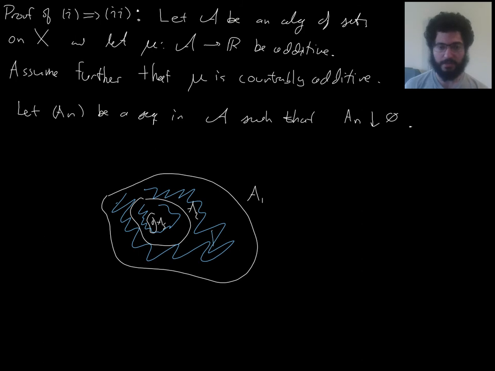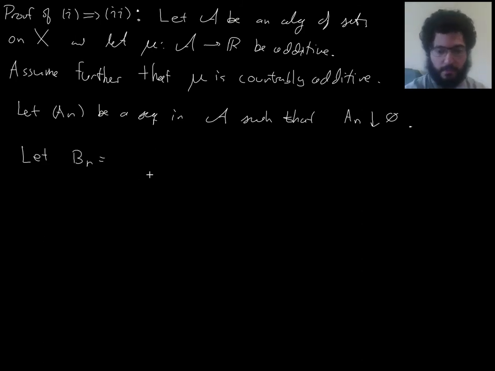And I'm going to call these B1, B2, etc. So let B sub n equal A sub n delete A sub n plus 1. They're nested in such a way that this is the kind of deletion I want to make. So B1 is A1, delete A2. B2 is A2, delete A3, and so on.